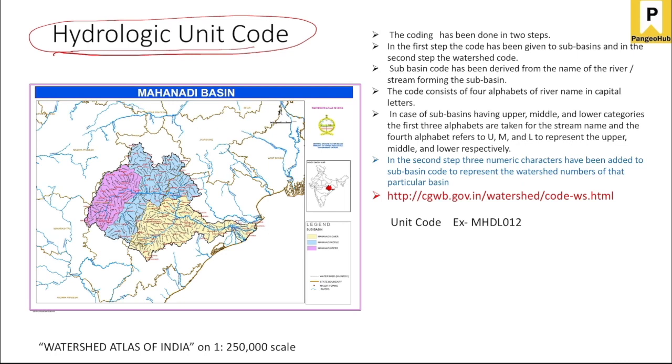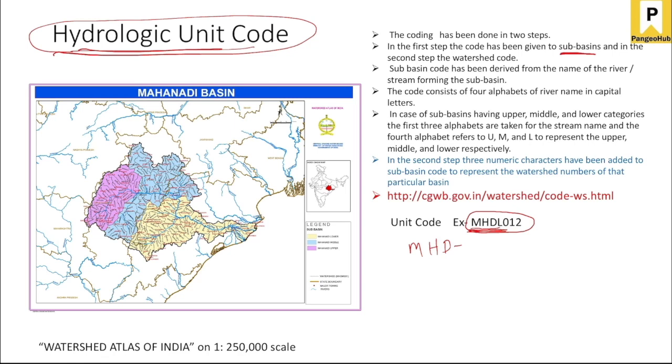Now, the hydrologic unit code is named by these 7-character words. In this 7-character code, the first 4 are letters. Out of these first 4 letters, the first 3 letters, like M, H, D, mention the sub-basin, like the name of the river.